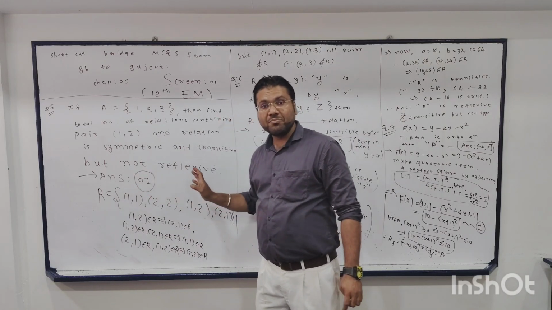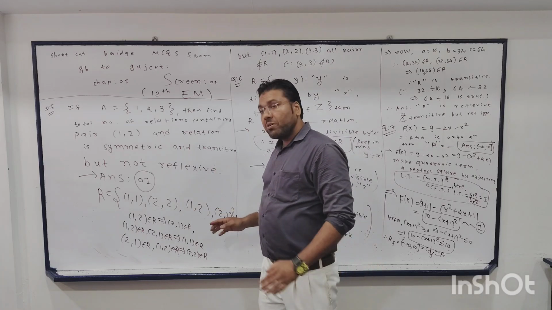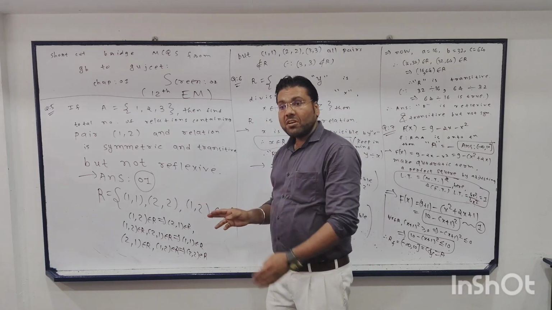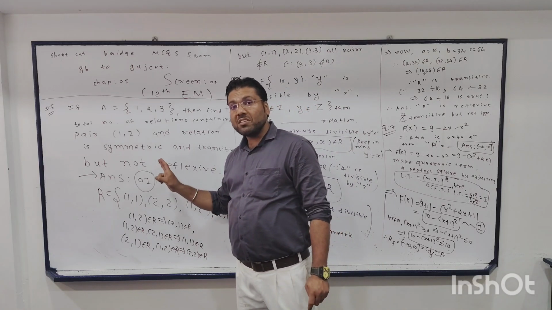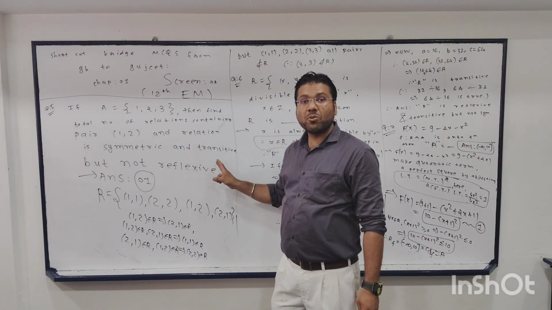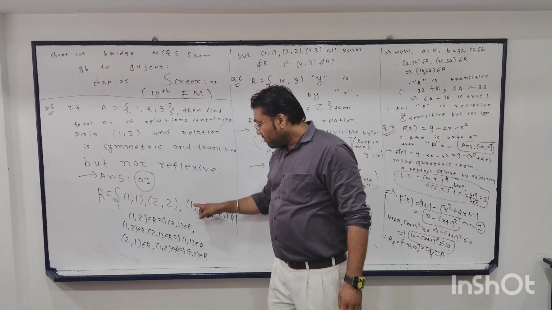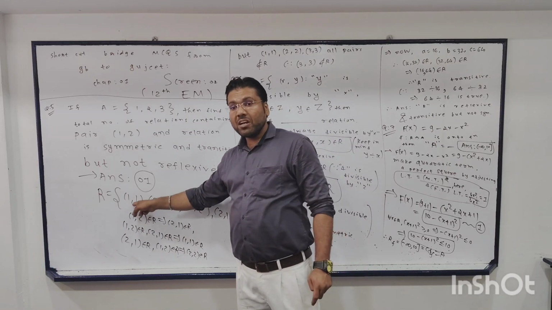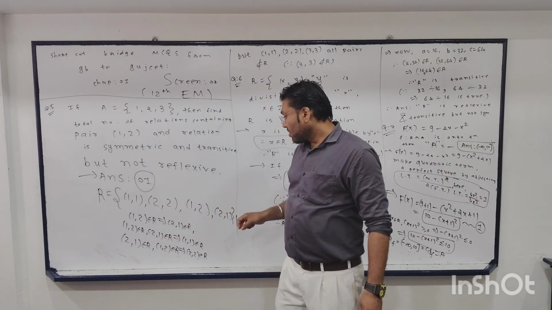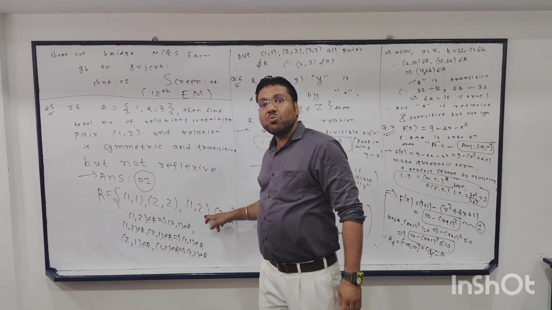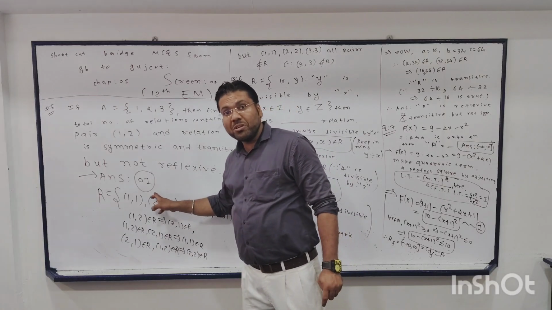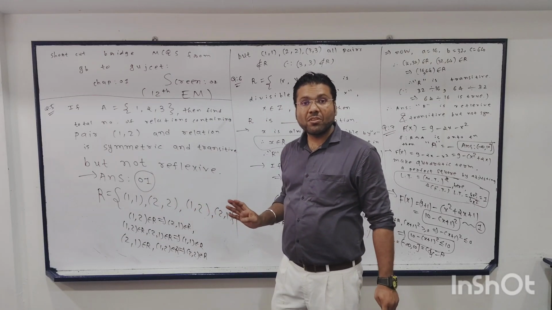But if (1, 2) and (2, 1) are both present, then actually two transitive pairs are required: (1, 2), (2, 1) gives (1, 1), and likewise (2, 1), (1, 2) gives (2, 2).